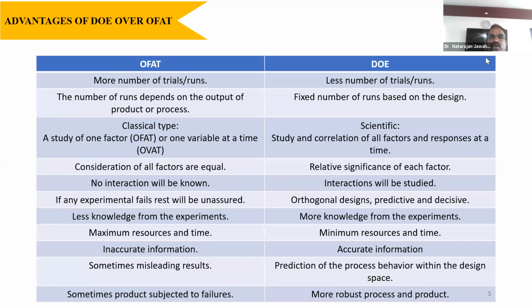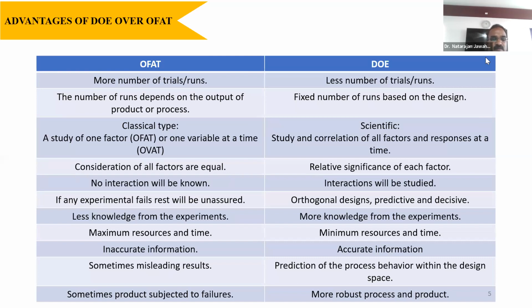Only one factor is used, so you only see that factor's influence, but you cannot see the combined effect of factors on the response. So DOE gives more knowledge from the experiments, while OFAT requires maximum resources and time. Minimum resource and time is required in DOE, and you may get inaccurate information from OFAT, but you will get accurate information from DOE.